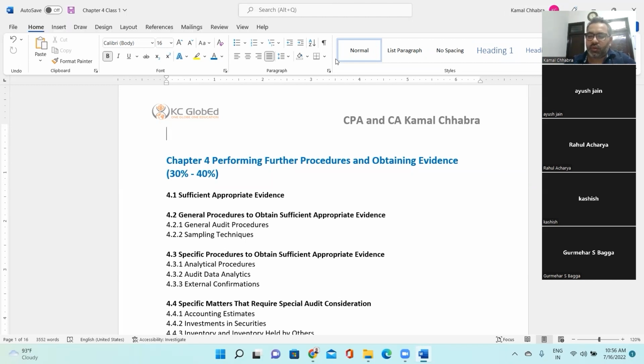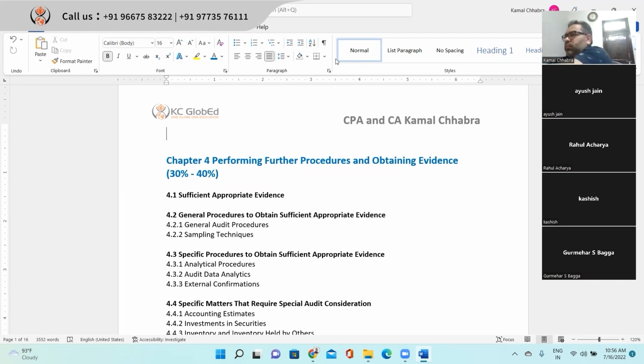Audit is subject to sample testing. So we do not do entire testing of all financial statement line items. Sufficiency here represents the sufficiency of the number of samples. That is more numeric: the number of samples, the value of samples.